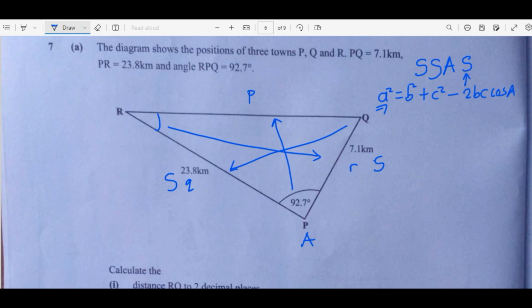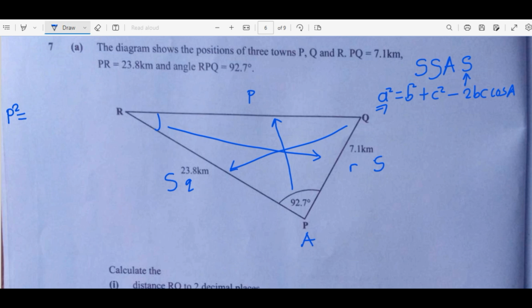So we have the letters P, Q, and R. The first letter that you are supposed to write must be the letter that is representing the distance. So the distance that we want is RQ, and the letter that is representing RQ is letter P. So you begin by writing, we have p squared is equal to.